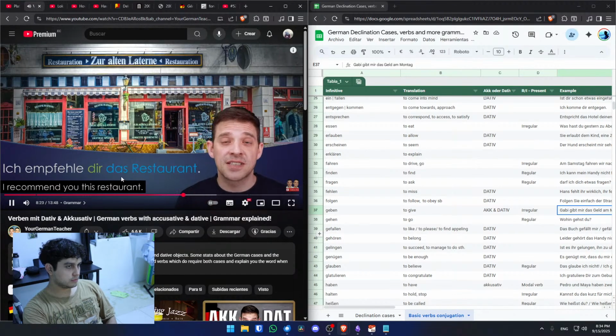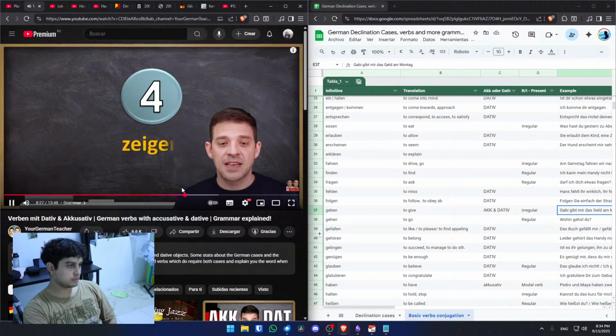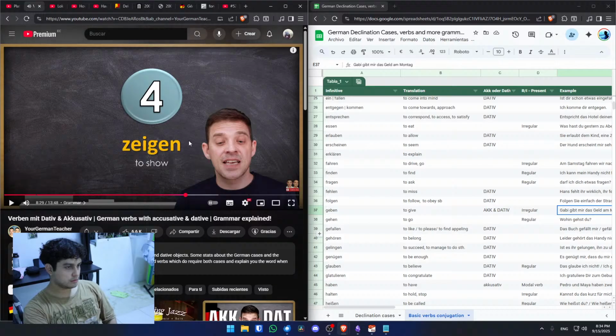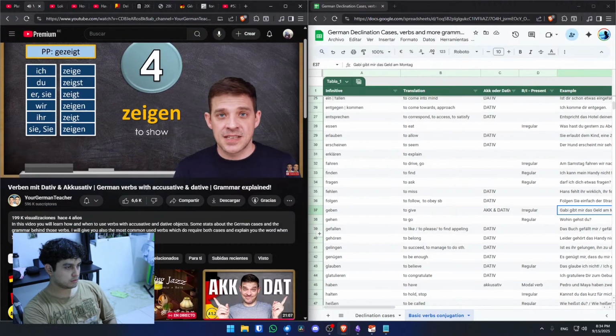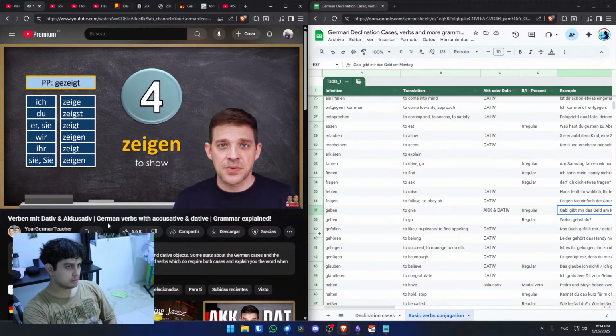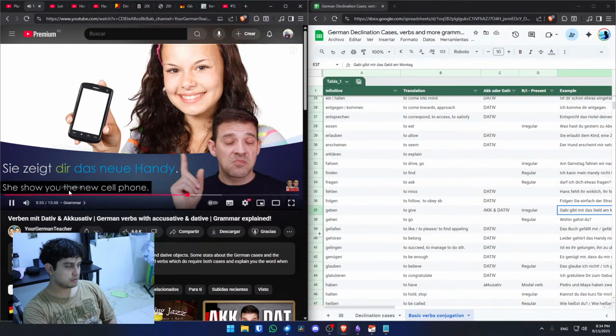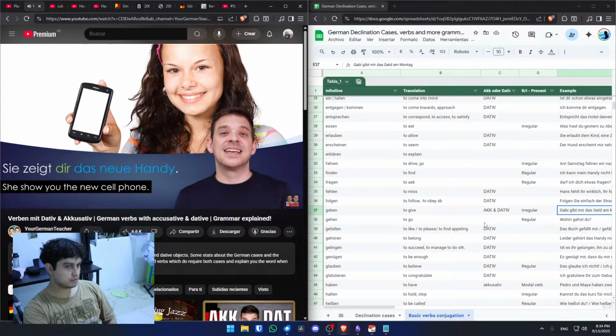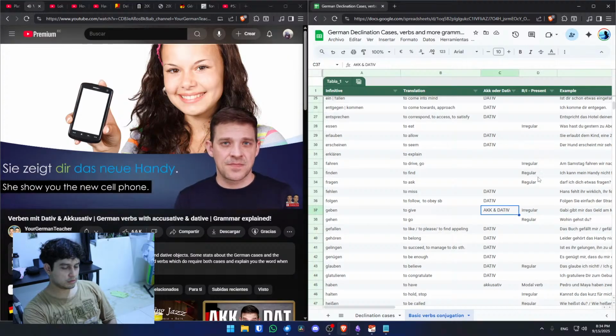I recommend you this restaurant, a restaurant in Berlin. Nummer 4, zeigen. Zeigen heißt to show. Zeigen ist ein regelmäßiges Verb. Zum Beispiel der Satz, sie, die Frau hier, sie zeigt dir das Handy. Sie zeigt dir das neue Handy.